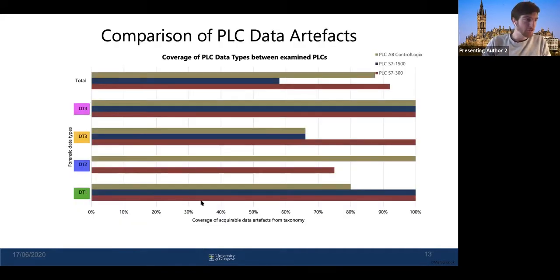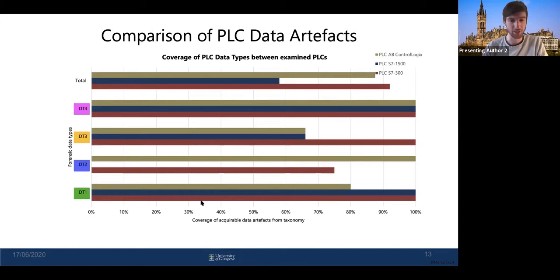Okay, so to start to conclude this work, I included this graph to illustrate the coverage of artifacts that we looked at across different PLCs. The y-axis indicates the 4 different data types we went over: variable content data, the application code of the PLC, the metadata, and then device diagnostics and logs.